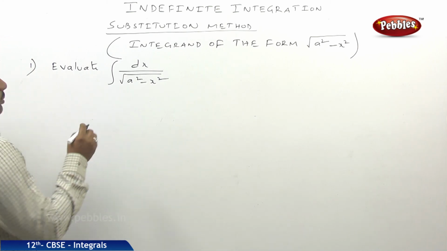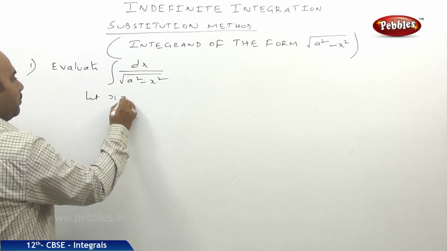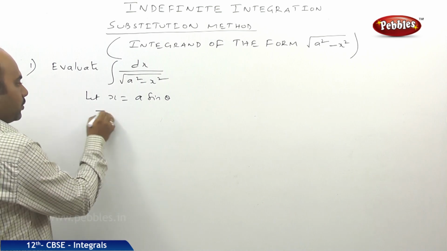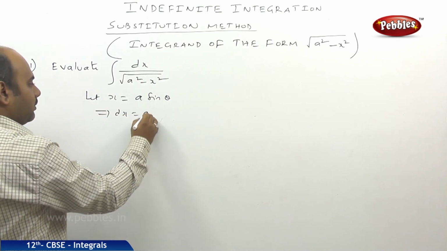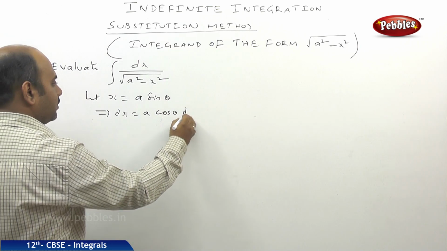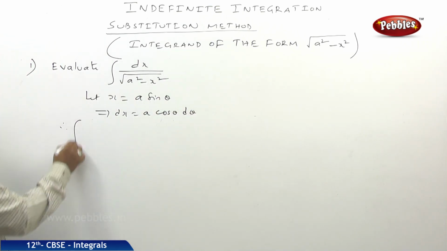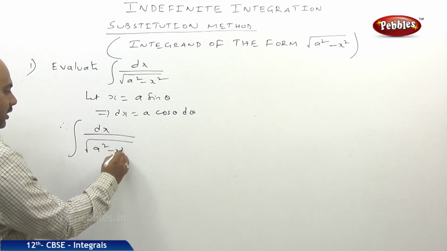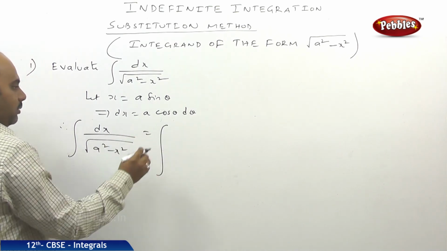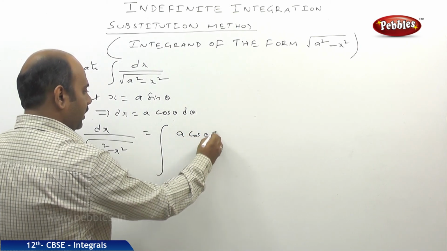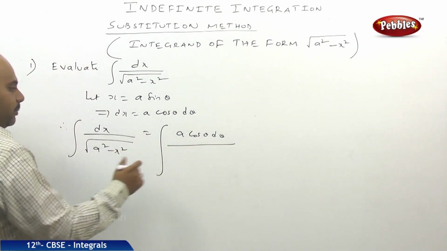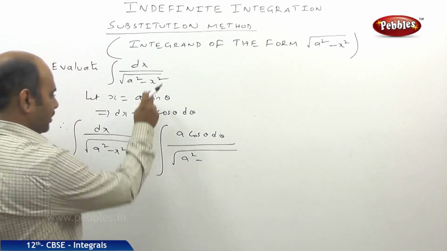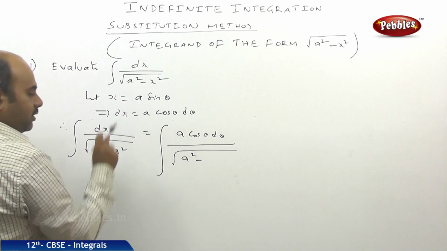So whenever this kind of problem comes, let x is equal to a sin theta. So dx will come as a cos theta d theta. Therefore the integral of dx by under root of a square minus x square is, in place of dx I write a cos theta d theta, divided by under root of a square minus x square, where x I substituted as a sin theta.